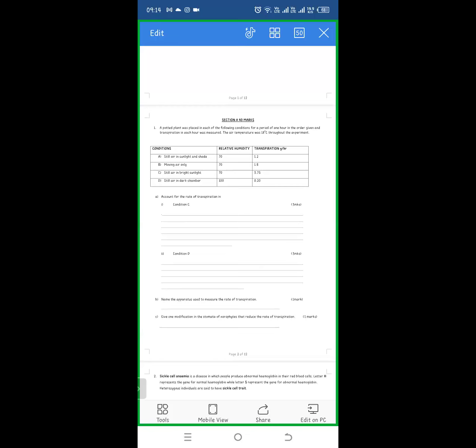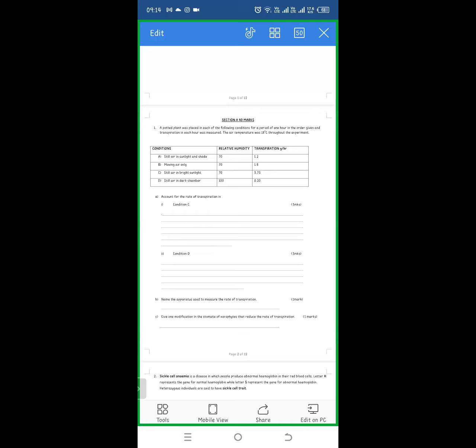So in setup C, now that I have outlined what conditions are in those various setups, we can say that there is a high rate of transpiration.